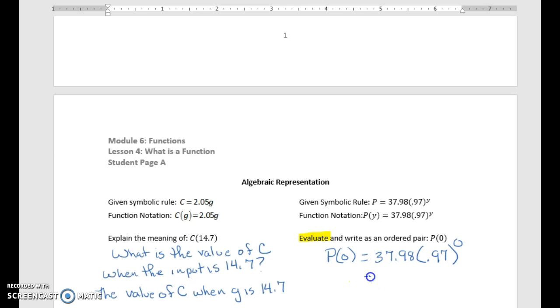If I type this into my calculator, I'll end up with 37.98. And it's asking us to write it as an ordered pair. My input value is 0. My output value is 37.98.